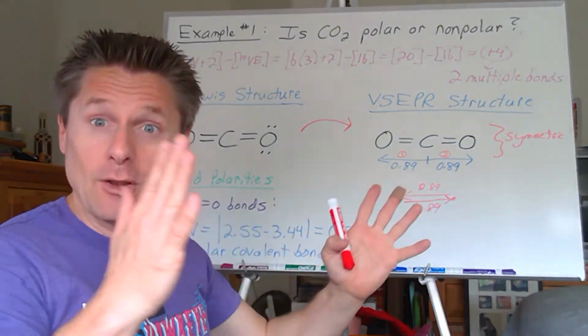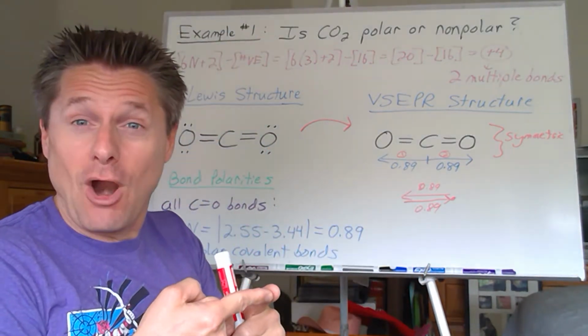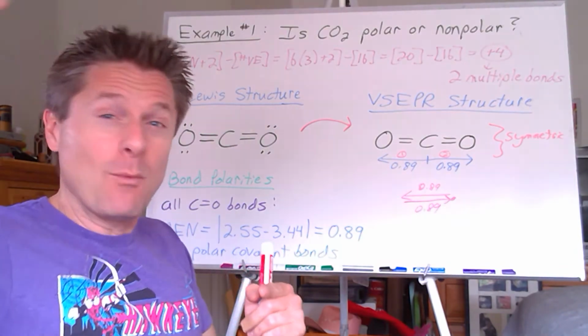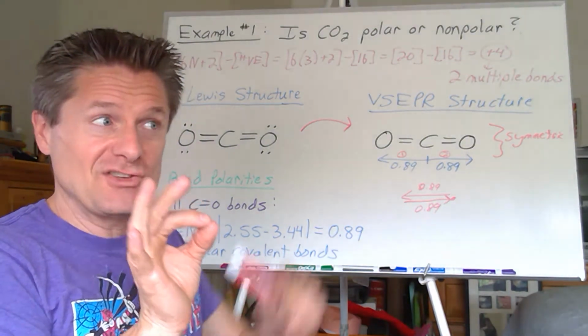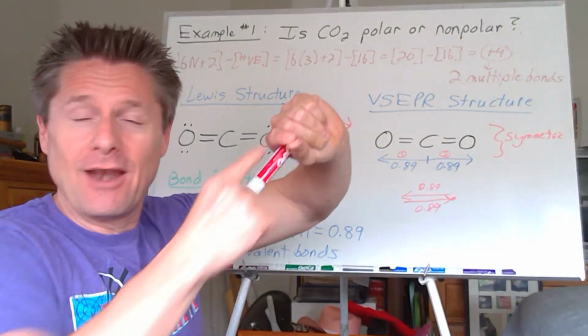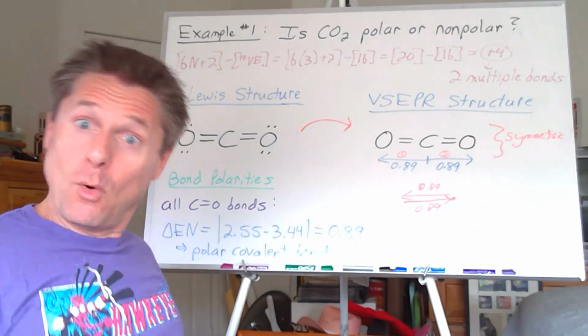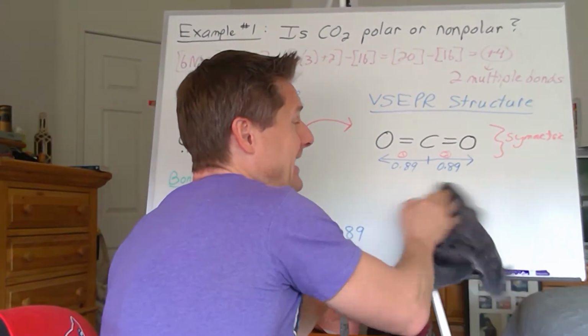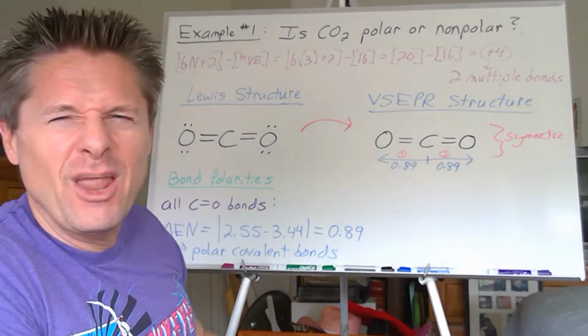The more polar it is, the longer it is. If you end up where you started, that's a nonpolar molecule. If you end up somewhere else, you take where you started and where you ended and draw that arrow. That's the overall molecular dipole moment. It's called vector mechanics. If that didn't make any sense to you, don't worry about it.